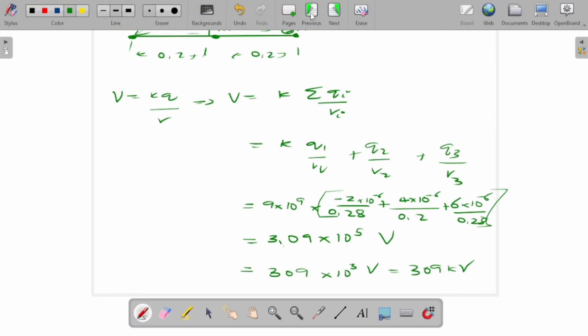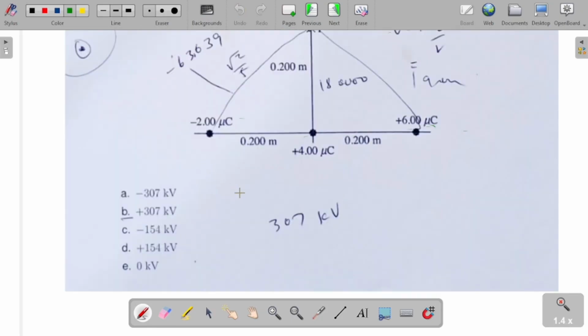Positive or negative? If you inserted negative 2 as it is, then it is positive. Here we don't take the absolute value.